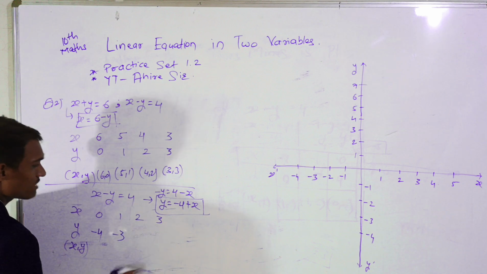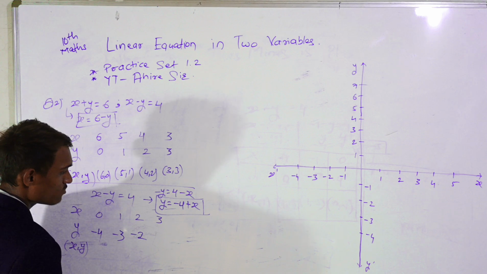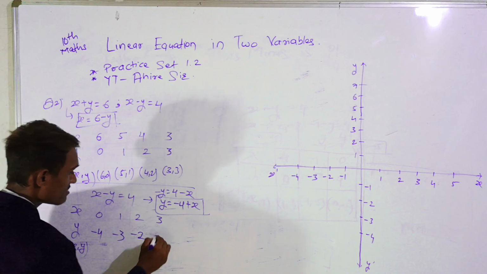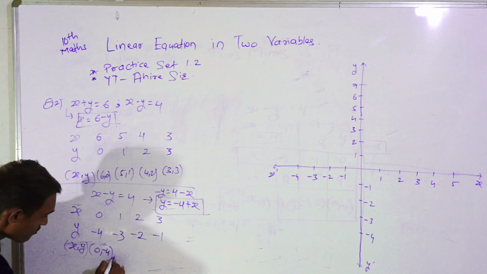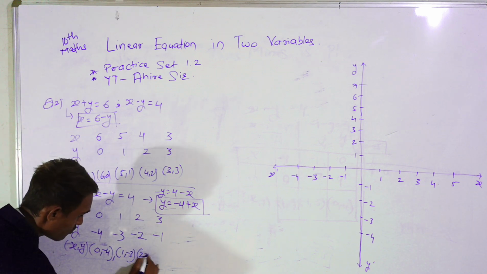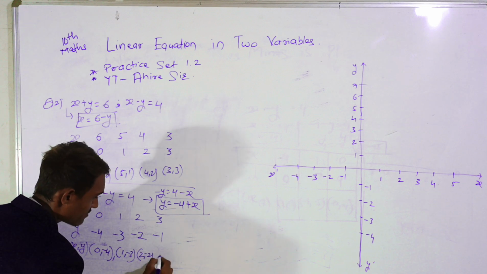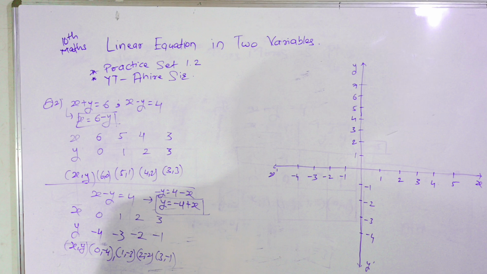If x equals 2, y becomes minus 2. If x equals 3, it becomes minus 1. The coordinates are (0, -4), (1, -3), (2, -2), and (3, -1). Okay, we got some coordinates for both equations.